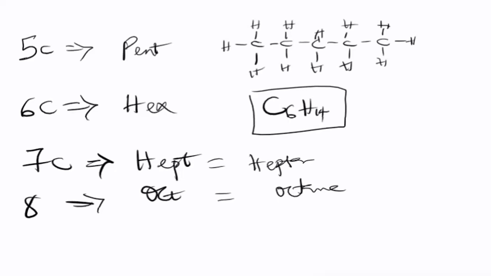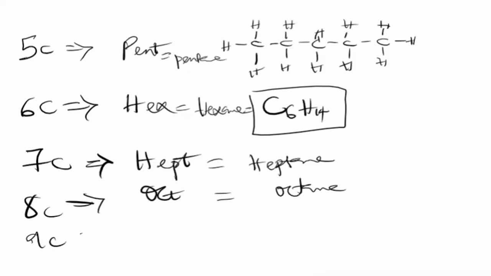Example of this is hexane, which is this. This is pentane, which is this. For 9 carbons, I will have non, of which an example is nonane.